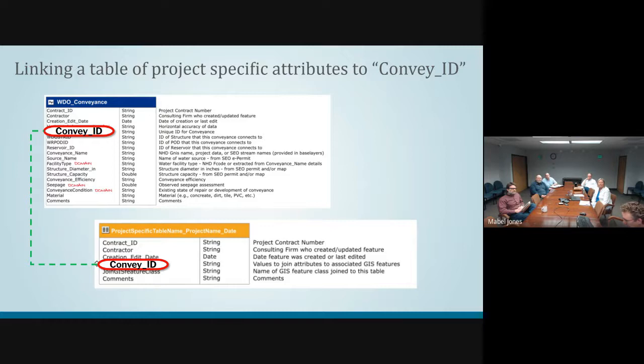You add your unique attributes into the project-specific table and assign names for these, but you need to make sure you include that convey ID in the table to facilitate the link back to the appropriate feature in the feature class. This table includes the standard fields to track the origin of the data, including the contract ID, contractor, creation edit date, and you'll also indicate which feature class it links to in one of the attributes.